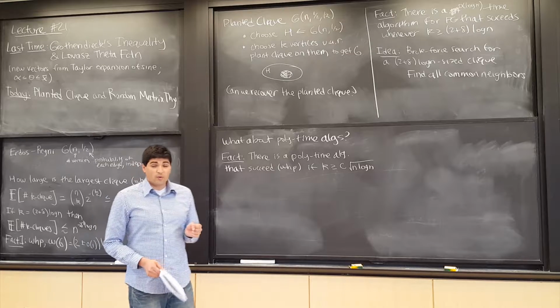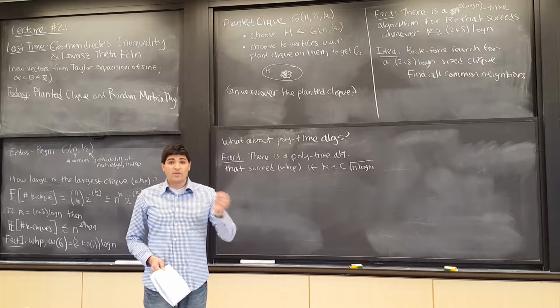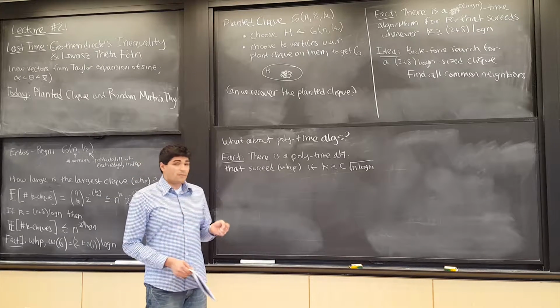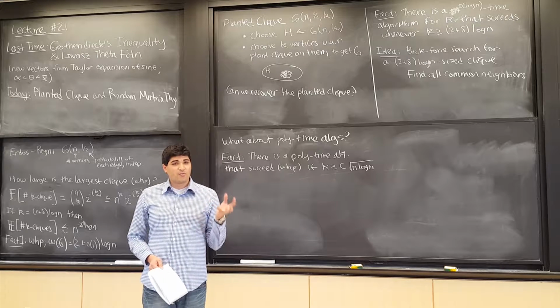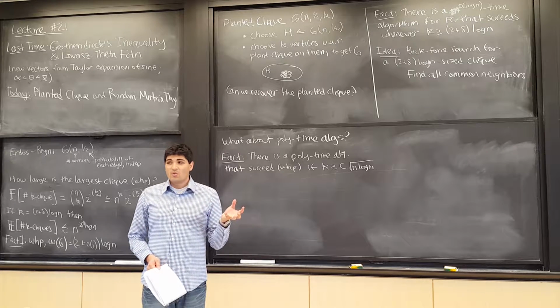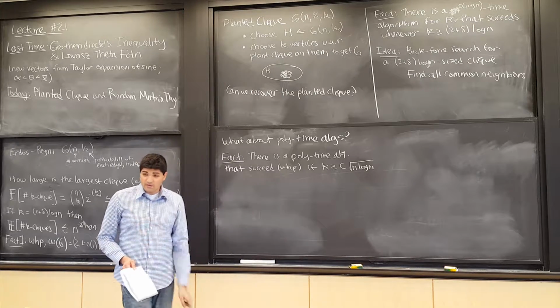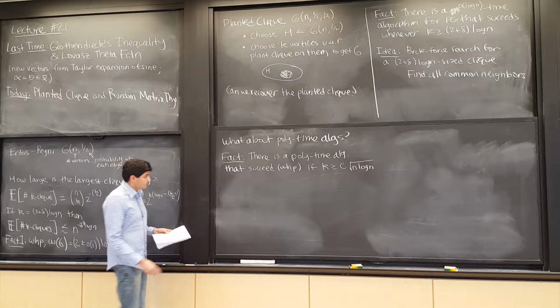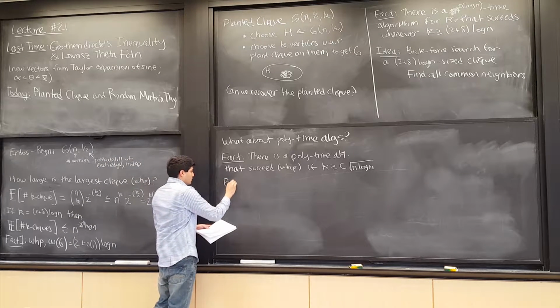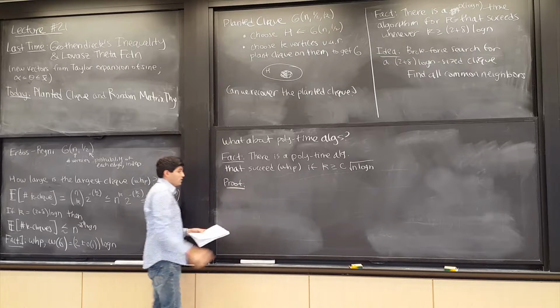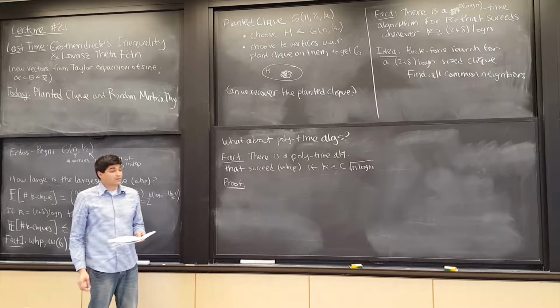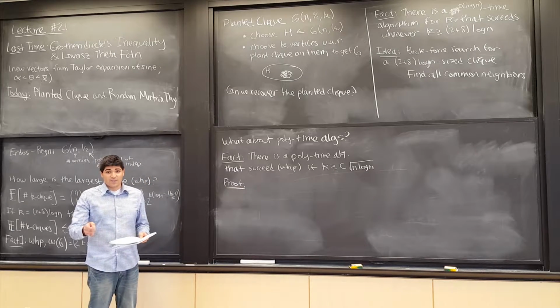If I think about a node which belongs to the planted clique or one that doesn't, I claim their degree distribution is itself a random variable. What can you say about those two random variables? Does anyone have any intuition for the difference between those two? If it's not on the planted clique, it would be n over 2, and if it were, it would be n over 2 plus k. Yes, exactly. That's the expectation.